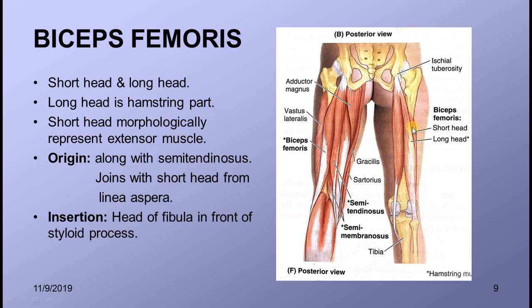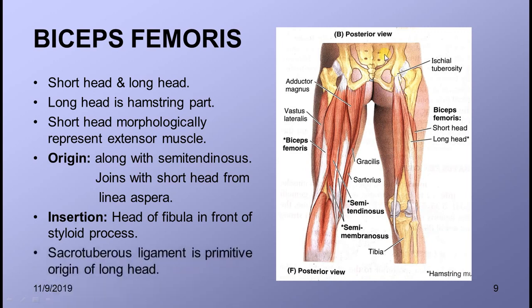In the same way, if you look at the lower vertebrates, the primary attachment of the biceps femoris is actually into the sacrum, and the sacrotuberous ligament is the primitive insertion, which is represented in humans as the sacrotuberous ligament. Because man has gained the erect posture, these changes have taken place.